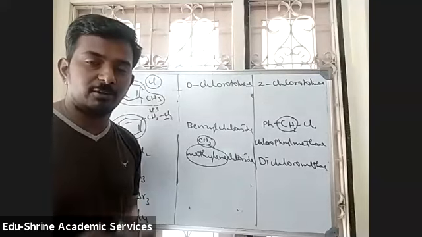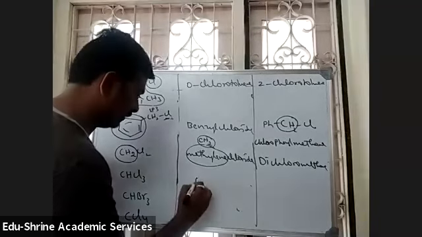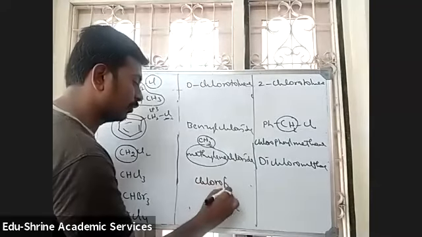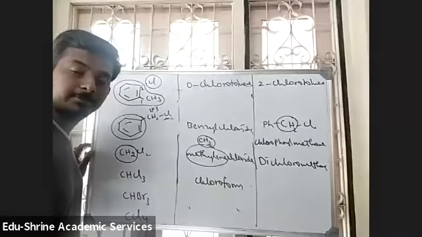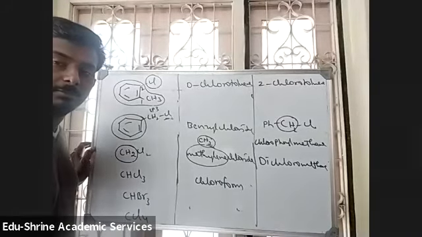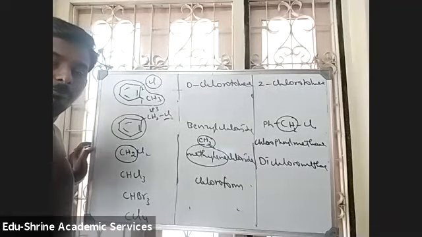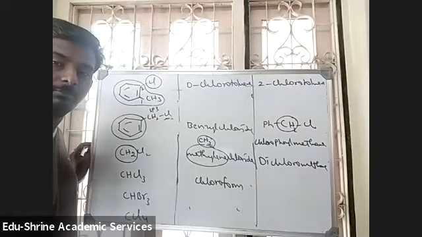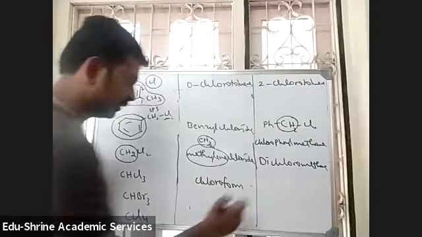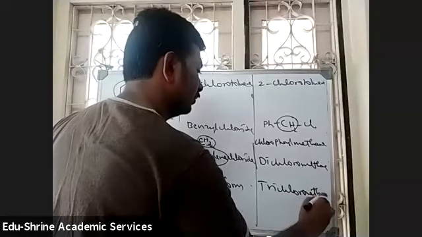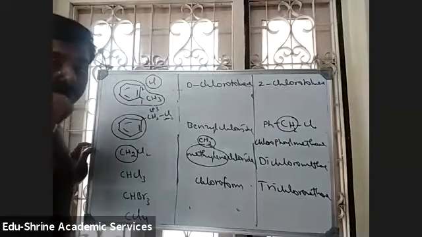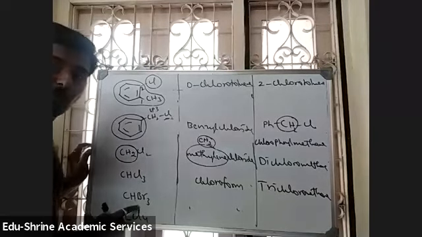Generally chloroform. So it is called chloroform. What will be the IUPAC name? Yes, trichloromethane. Trichloromethane. What about the common name of this one?